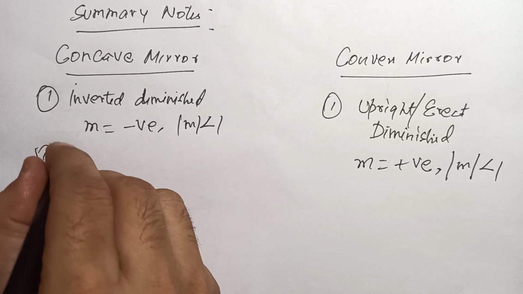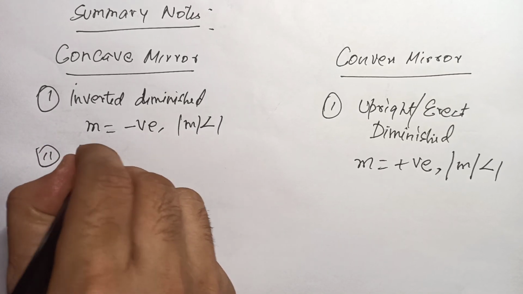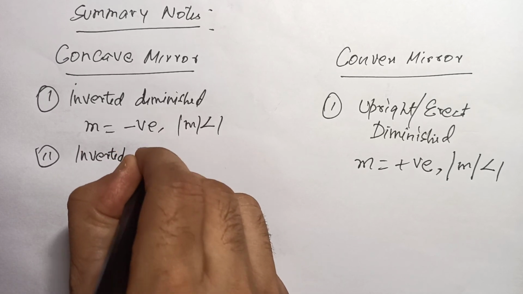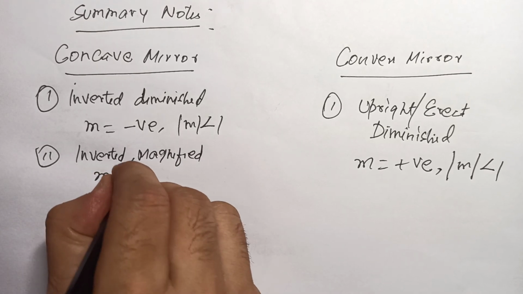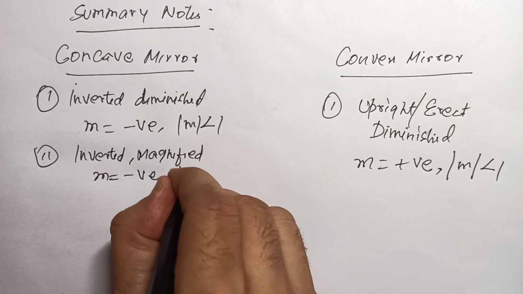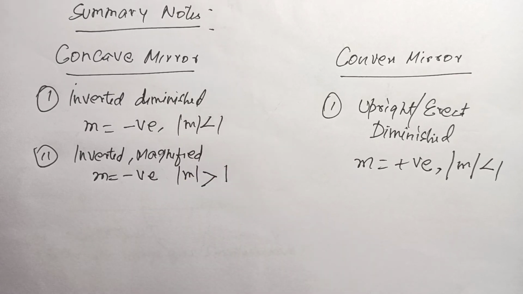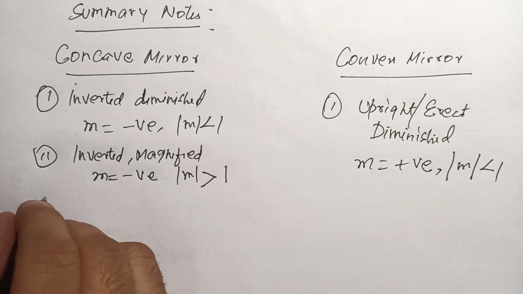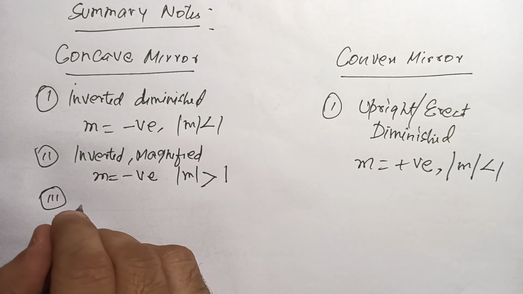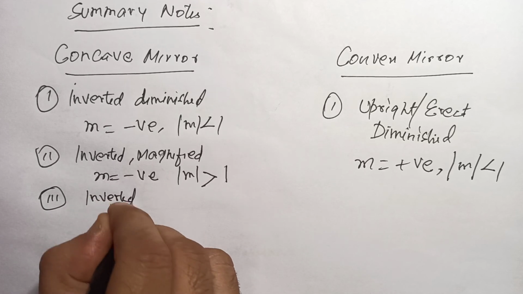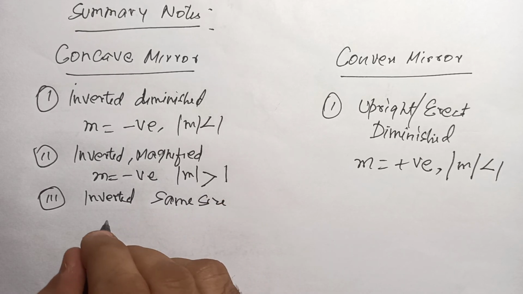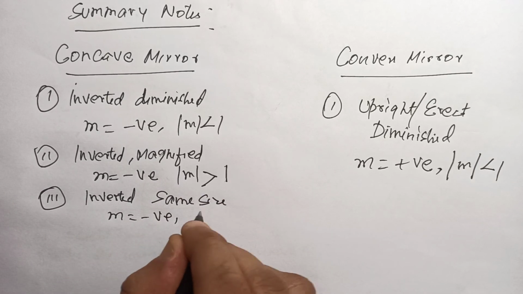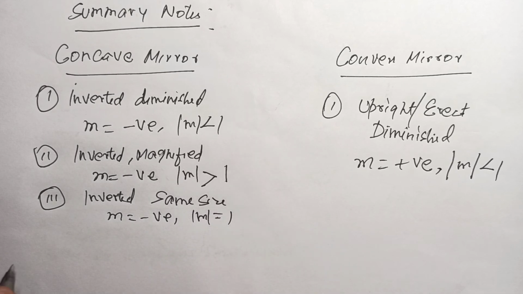Case 2: inverted, magnified, last case, M is negative and mod of M is greater than 1. Third: inverted, same size, M is negative and mod of M is equal to 1 at C.